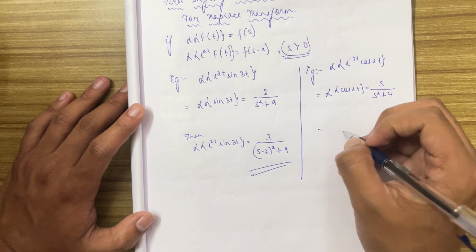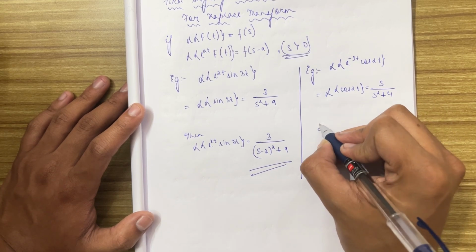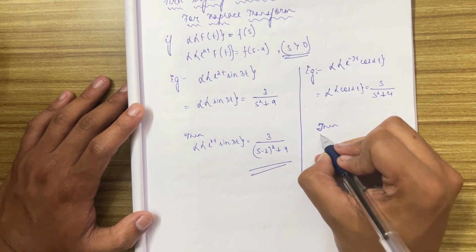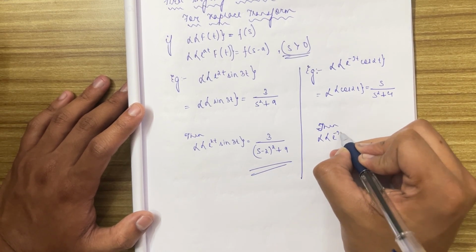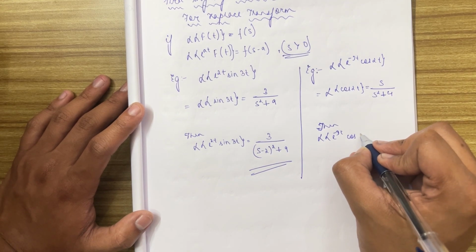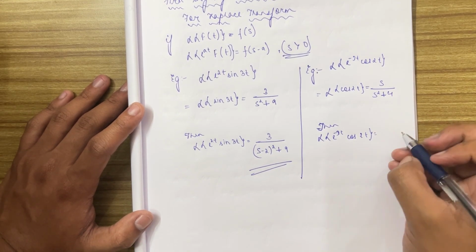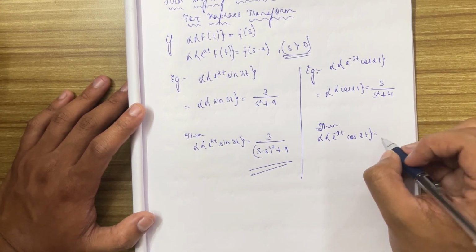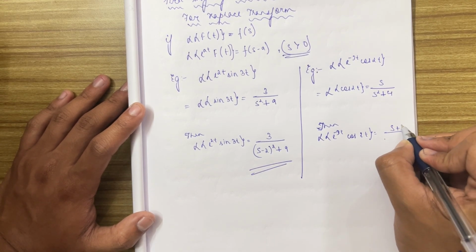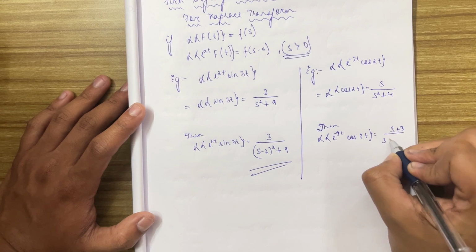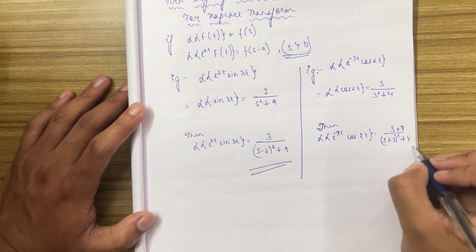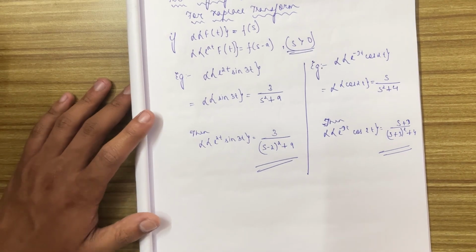Now for the whole e to the power minus 3t cos 2t, the answer should be s plus 3 divided by (s plus 3) whole square plus 4. So this is the answer.